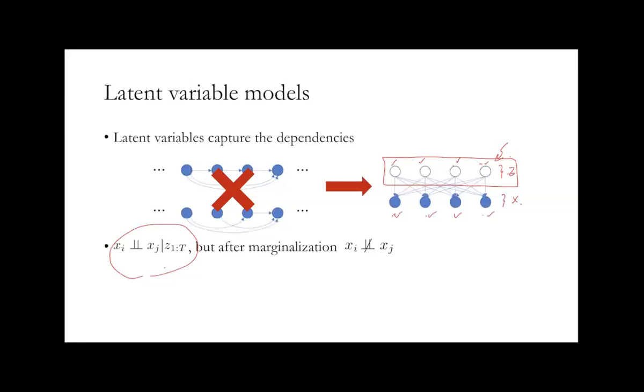But because we're going to marginalize out Z, so we're going to consider every possible Z configuration, eventually the full distribution, that is X after marginalizing out Z, under this distribution, they are not independent.